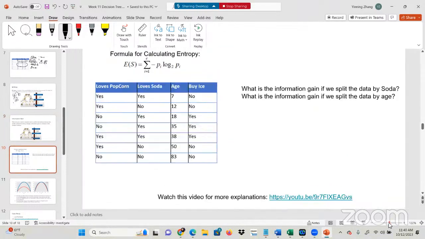You see the equation. The formula is a little bit different. Instead of 1 minus the sum of the squared probabilities, this one is the formula for calculating entropy, right?